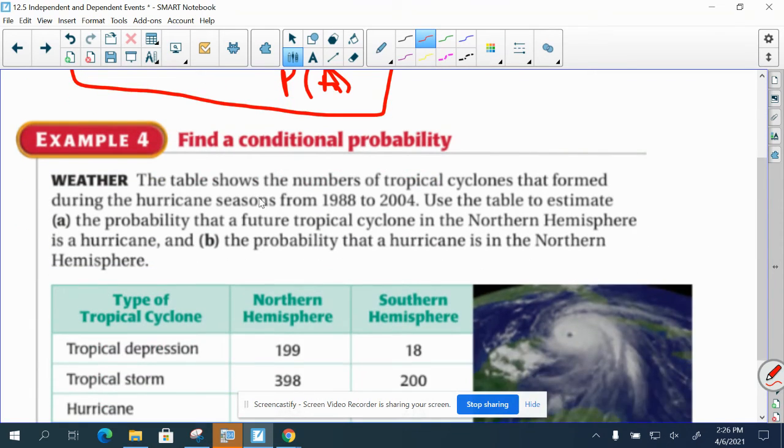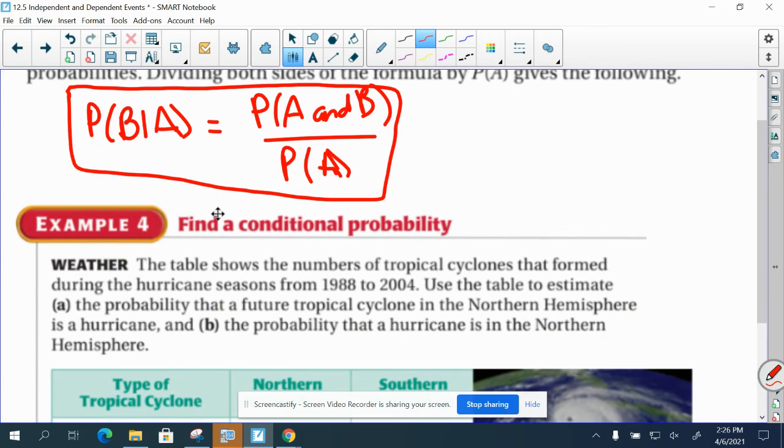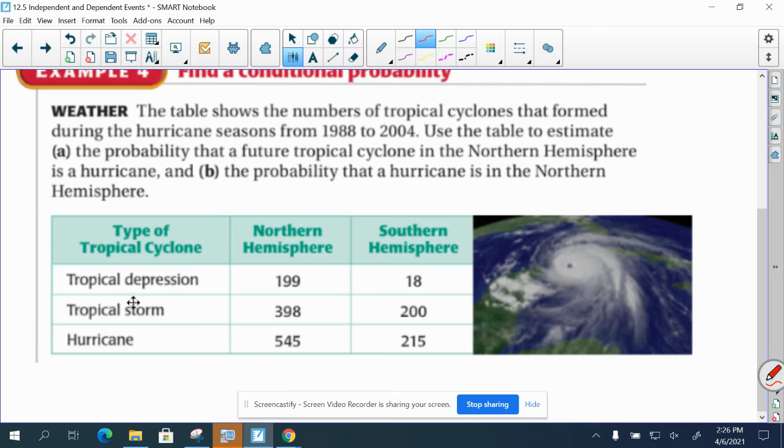There's a couple examples with tables where the formula is nice to have for reference, but you don't really need it. I'll show you how to do it without the formula. You just use logic. Say this table shows the number of tropical cyclones: tropical depression, tropical storm, hurricane.